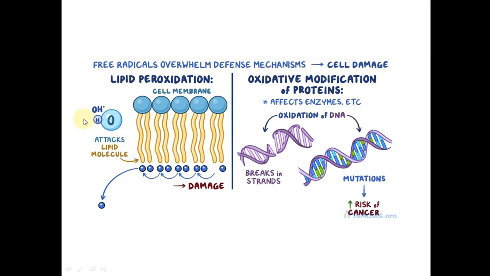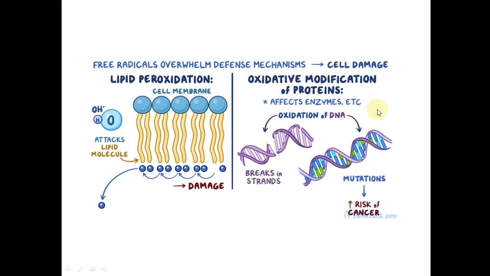Here, for example, when the hydroxyl radical reacts with a lipid molecule, it steals an electron from the lipid molecule and converts it into a free radical, which in turn converts another lipid molecule into a free radical, and in this way an autocatalytic reaction is set on, which will cause damage to the membrane phospholipid bilayer.